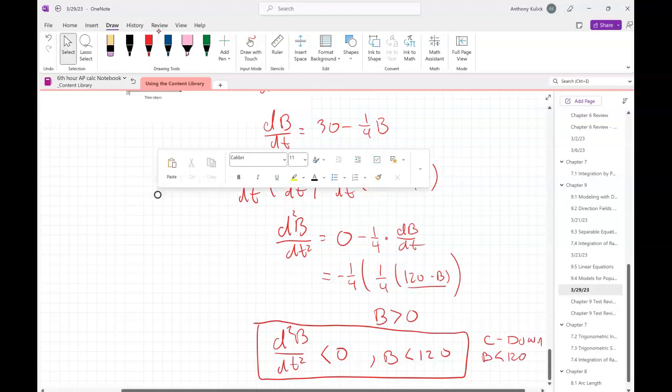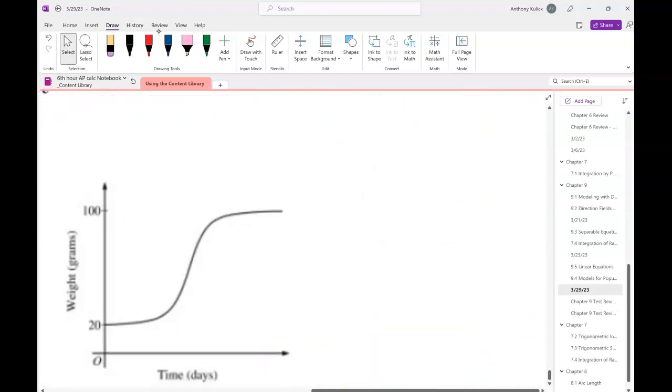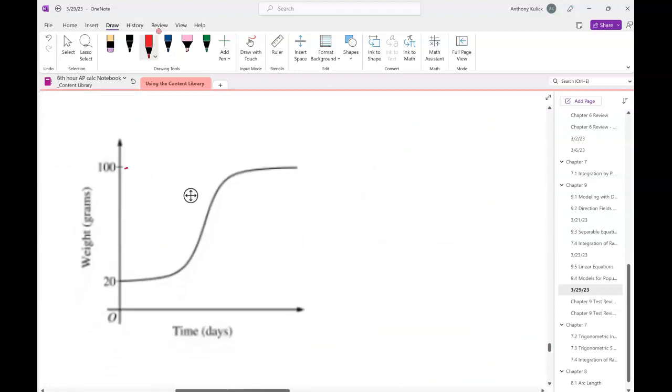Let's go and look at my picture. Well, sure looks like the entire picture b is less than 100. So we should be concave down the entire time, correct?